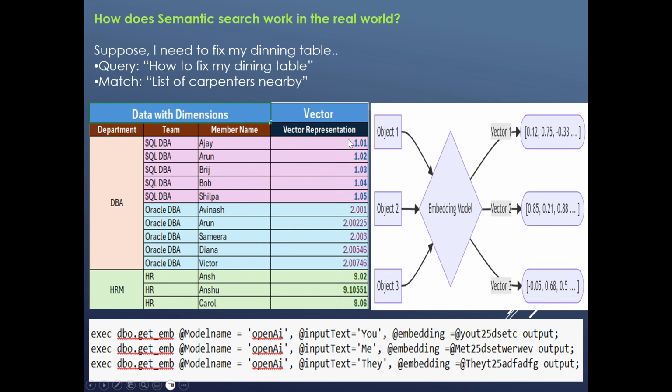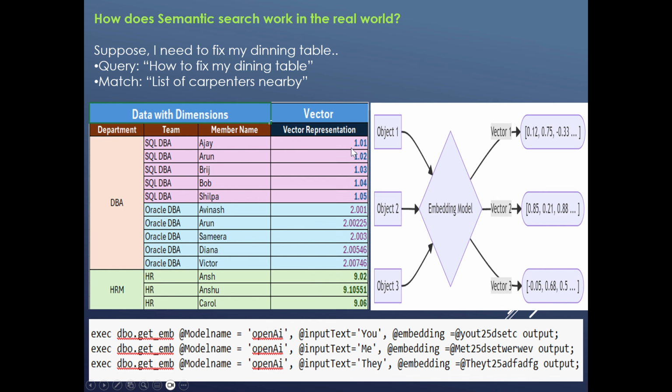On the basis of this vector type, I can say that there are two Aruns. This Arun is from the SQL DB team and is closer to Ajay and Bridge, because his value is 1.02 and Ajay's is 1.01, as compared to Avinash, who is from the Oracle team and whose number is 2.001.